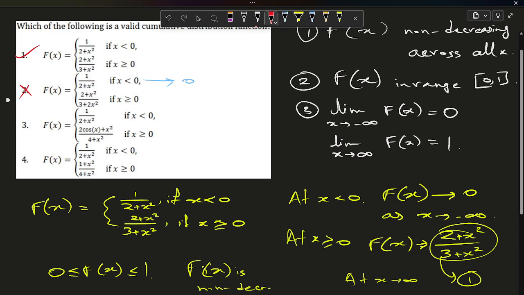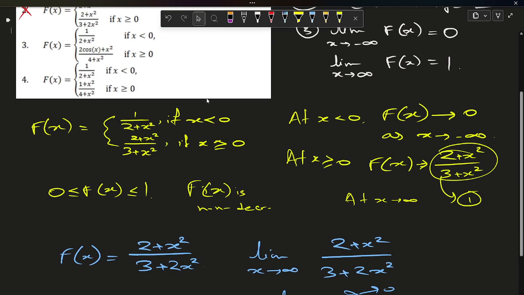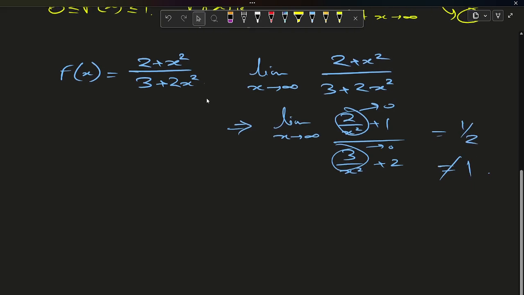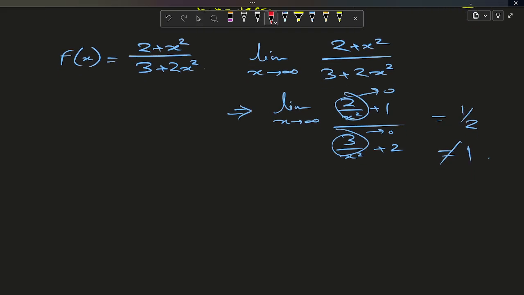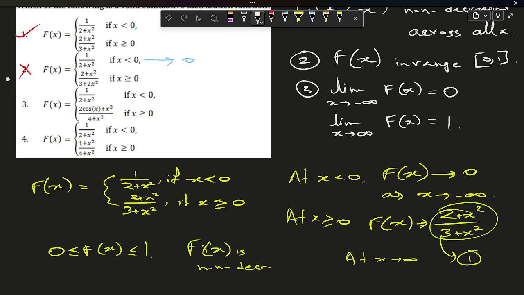Now we have to think about option 3. The first part of option 3 can also be determined, because this will go to 0. Now we have to think about this case.